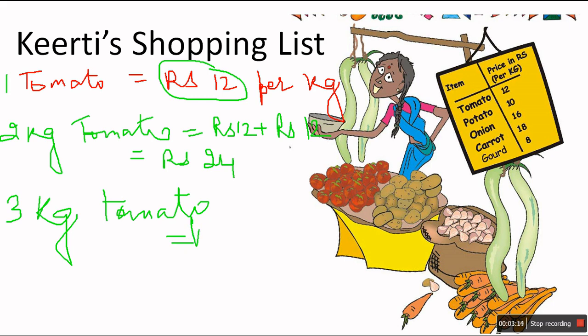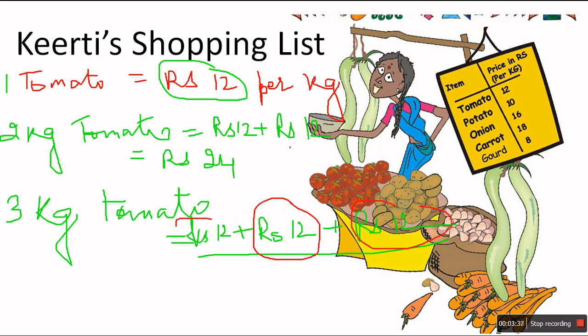If we want to buy 3 kg tomato, what we have to do is take the rate of 1 kg tomato plus the rate of again 1 kg tomato plus the rate of again 1 kg tomato. So we will add rupees 12 three times.